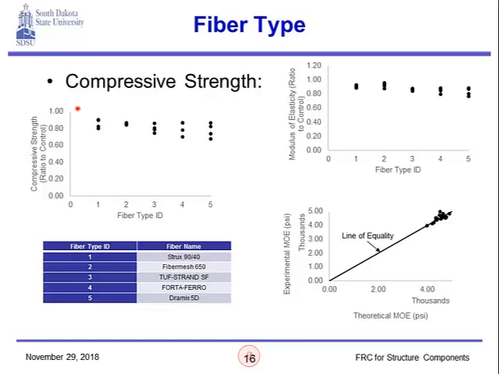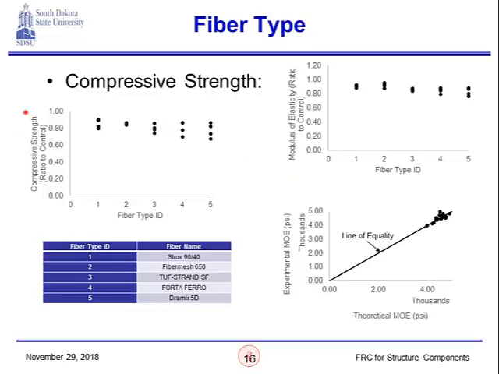So one would be exactly equal to the compressive strength of the control mix. Of course, these different points are for different dosages. So we don't see any change when we change the fiber type. Maybe a slight change, but not really very significant. Also with the modulus of elasticity.